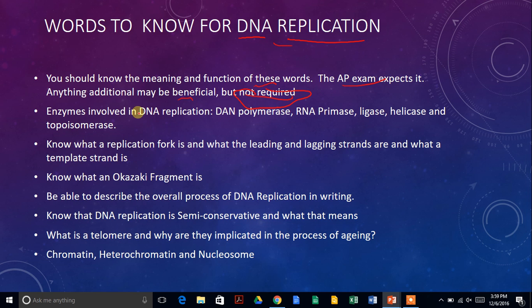The enzymes that you need to know what they do that are involved in DNA replication are 1, DNA polymerase, 2, RNA primase, 3, DNA ligase, 4, helicase, and 5, topoisomerase. Those are it. There's hundreds of enzymes and different molecules involved. 5 are the ones that you need to know.